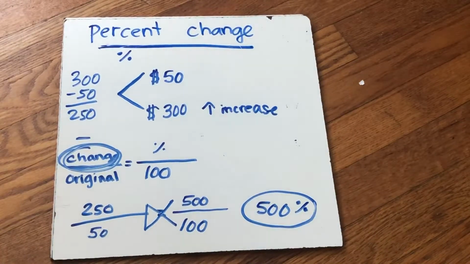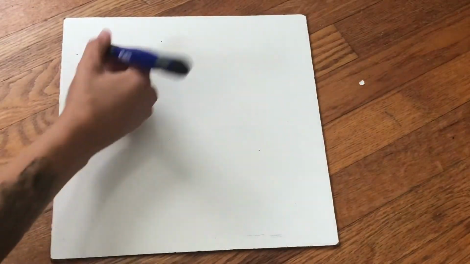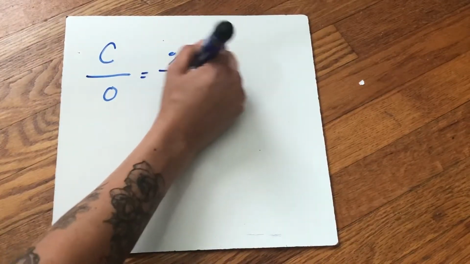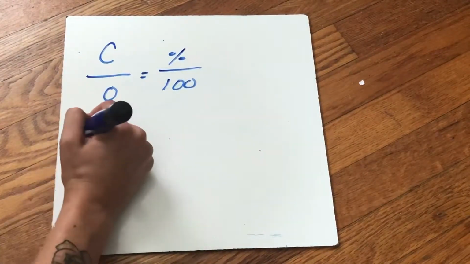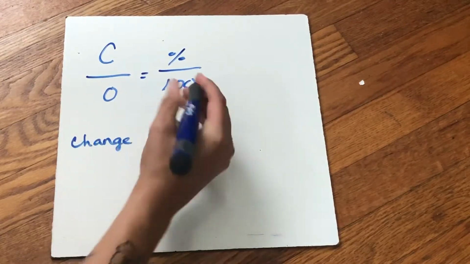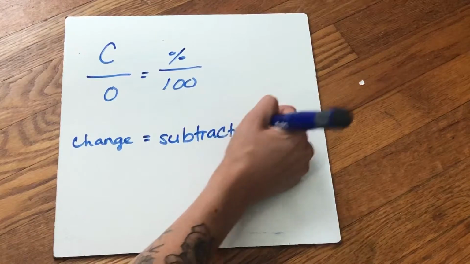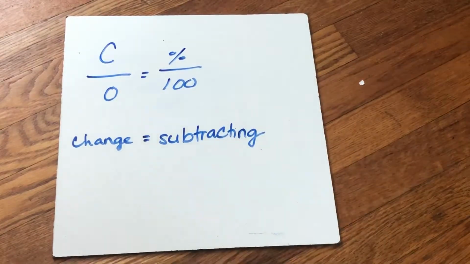500%. So here's what you need to remember with percent change. Change over original equals percent over 100. Change comes from subtraction. You're going to be subtracting.